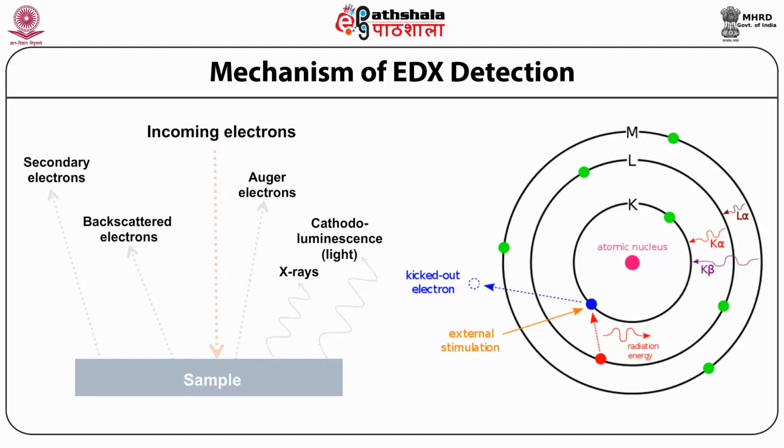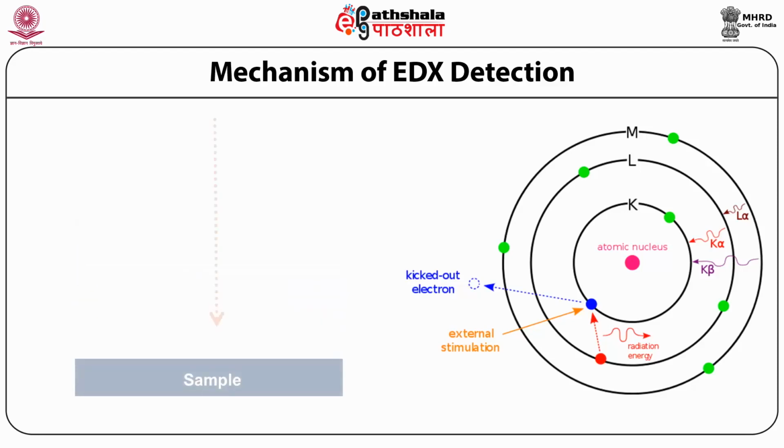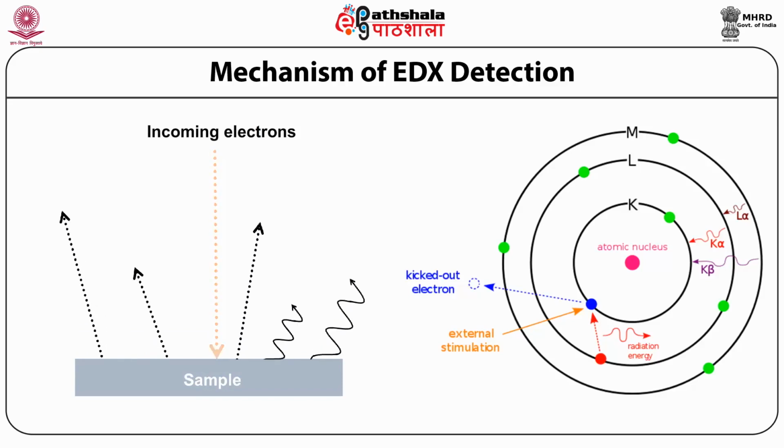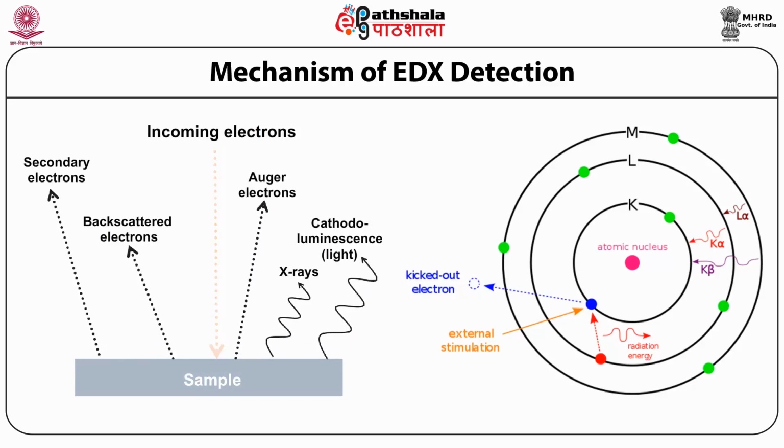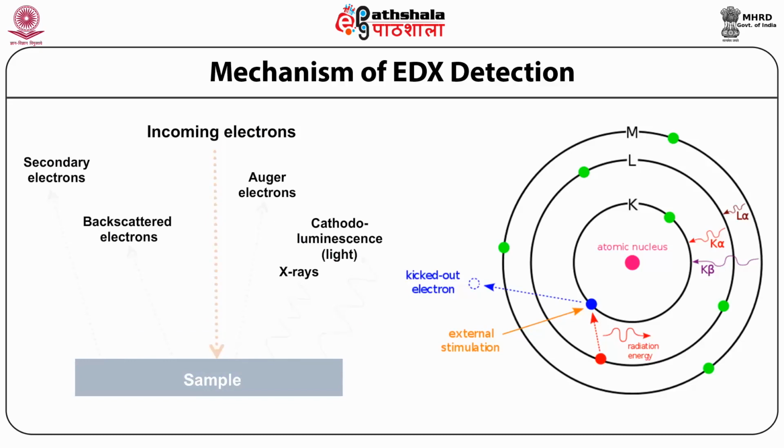While it returns to a lower state, it emits X-rays. We record the energy of the X-ray and relate it to the different levels, like the energy for K alpha, L alpha or K beta. So this is the mechanistic aspect of EDAX, how EDAX works.